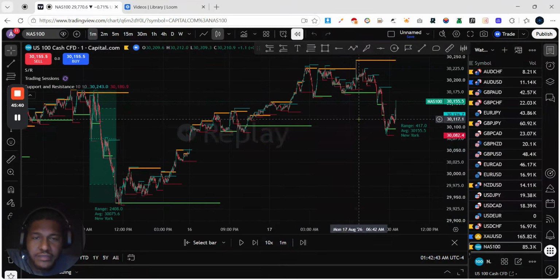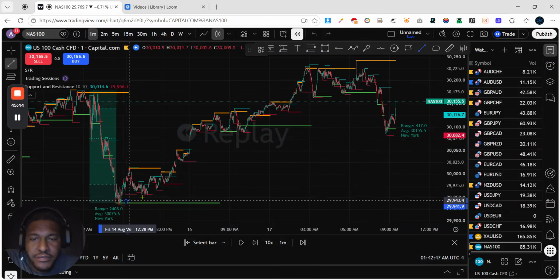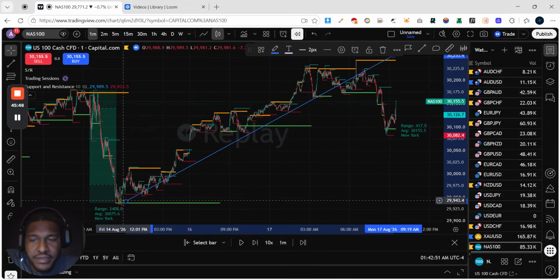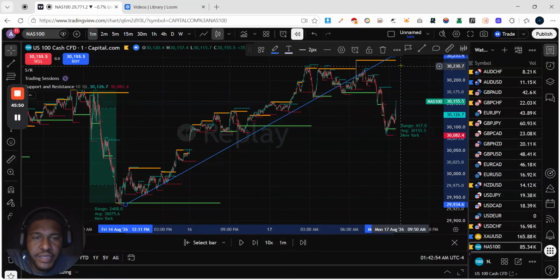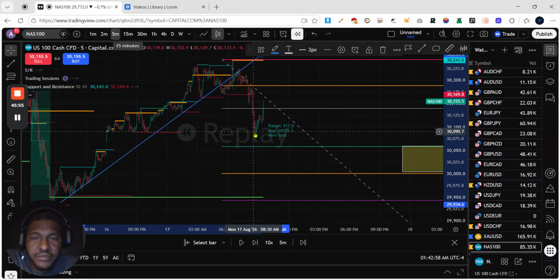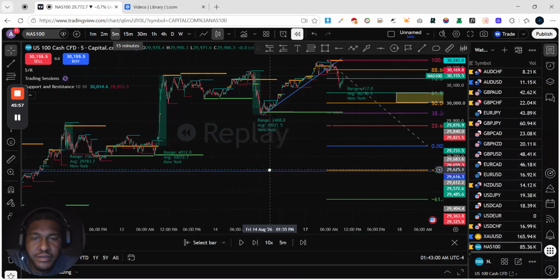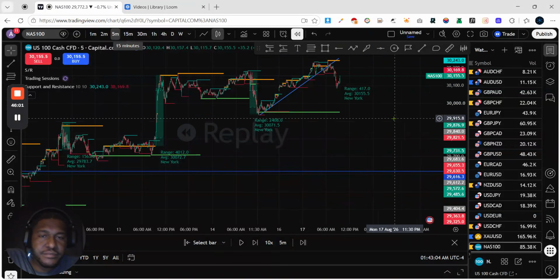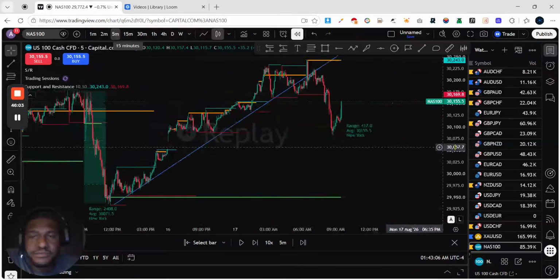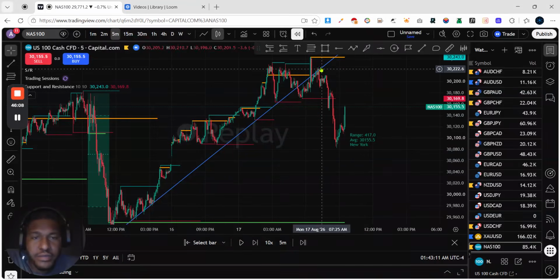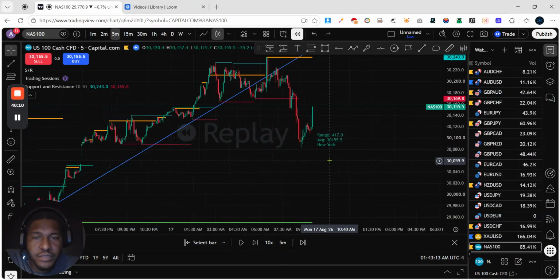Okay. So price is on a trend line. Price is trending. And then we start to break it, break and retest. Get 5 minutes so it's more clear. All right, so price is trending. We broke, okay, and then we sold.